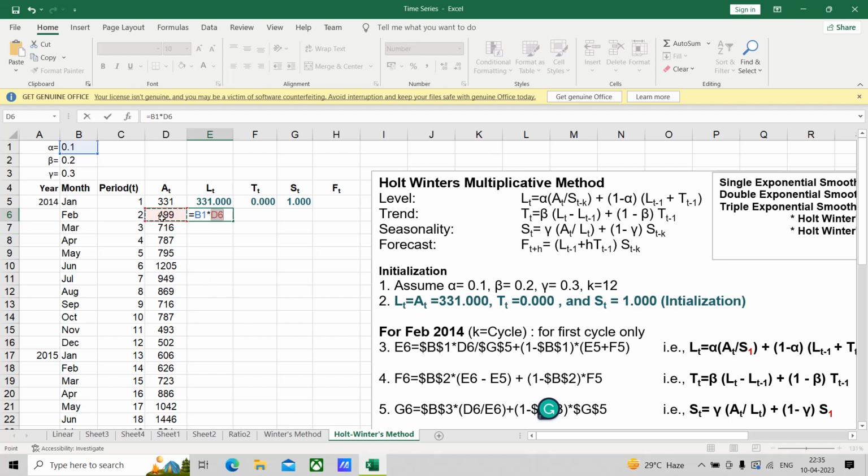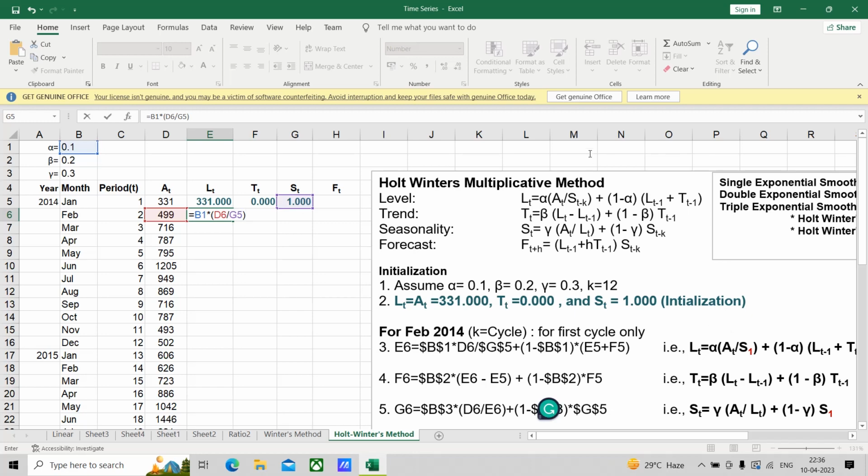So I click this cell, then we get the cell name, that is column D and row number 6, that is D6. And then we divide it by S1. S1 is in the G column, so this value is S1 for period 1. I click here, then we close the bracket.